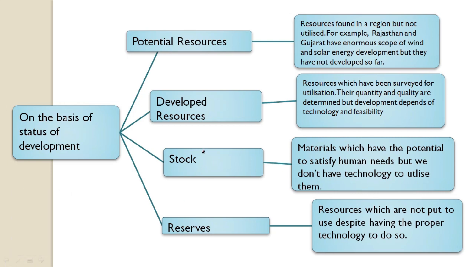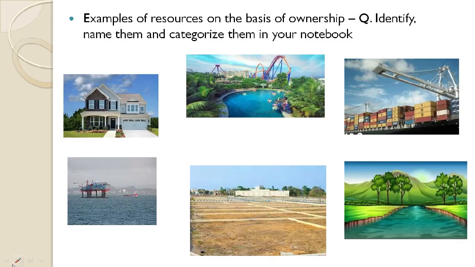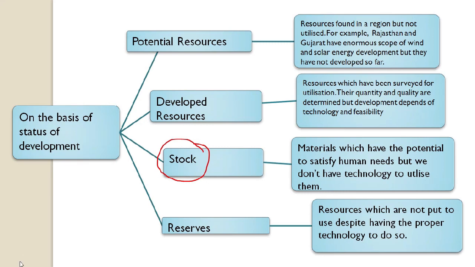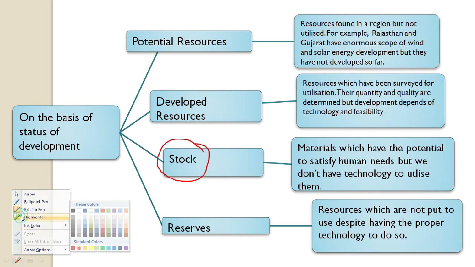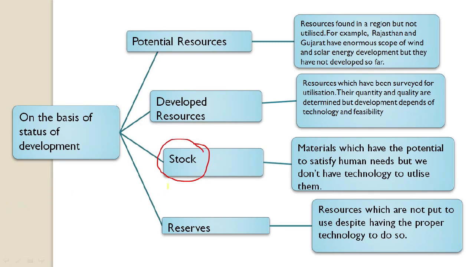Now we'll move on to learning stock resources. What do we actually mean by stock resources? See, students, materials in our nature have the potential to satisfy human needs. Of course, they are only known as resources, but we do not have the technology to utilize them till date.